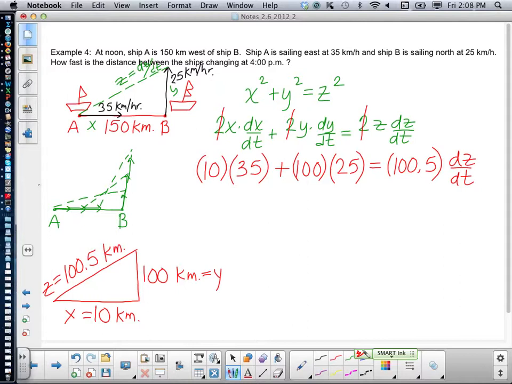Okay, so now we're ready to add everything up. So here we're going to have 350 plus 2,500, and then we're going to divide all that by 100.5. And that'll give us our rate dz dt.